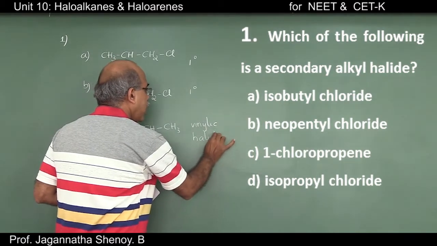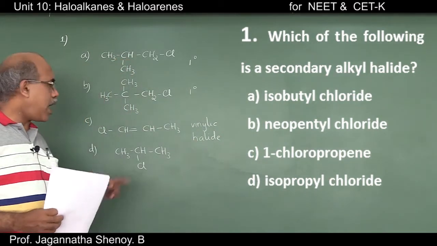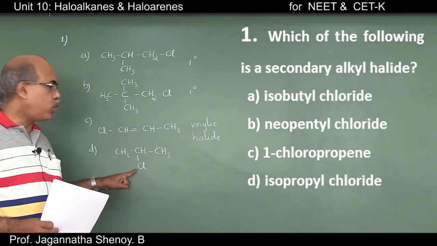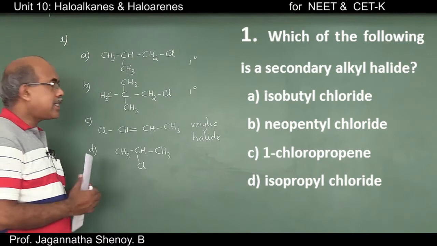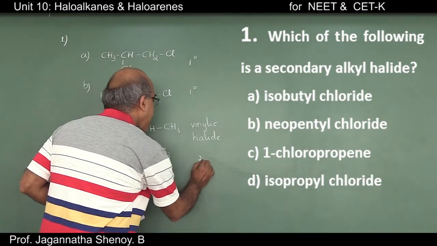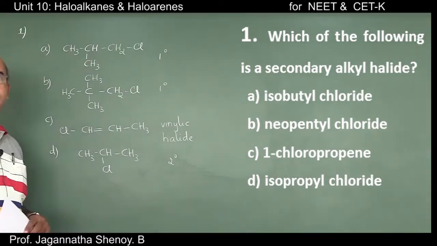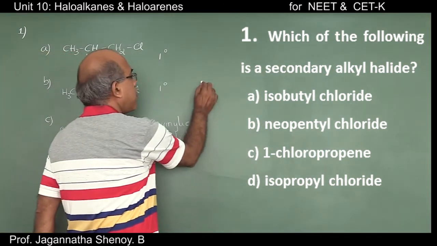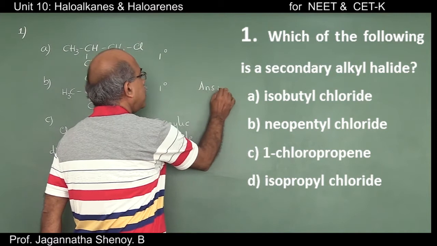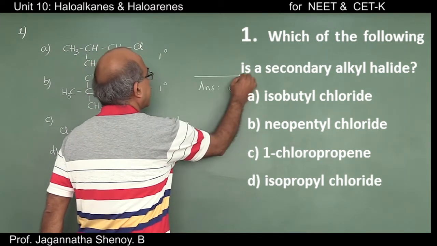And if I go to the last option, the carbon atom carrying the chloro group has only 1 hydrogen atom. That is why this has to be a secondary alkyl halide. In other words, the answer for question number 1 must be option D.